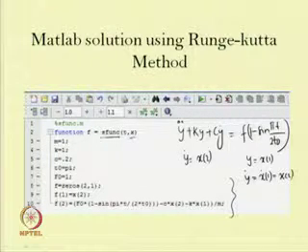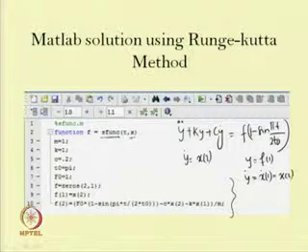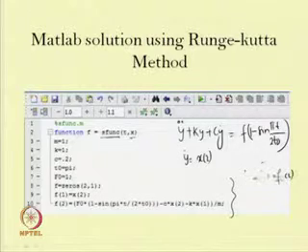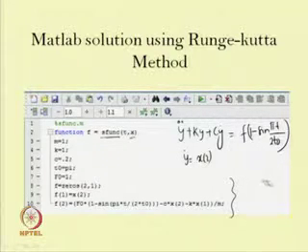Here it is written in terms of f1 and f2. This way one can reduce this equation to a set of first order equations. After reducing to a set of first order equations, one can find the solution.